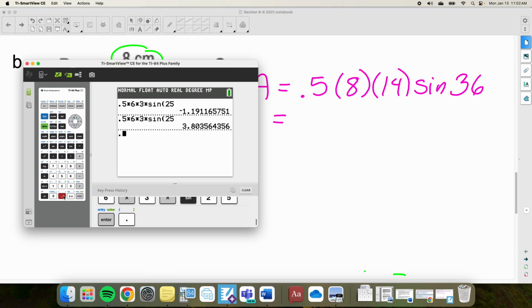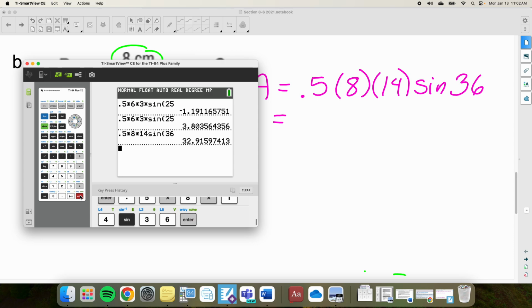So we'd go 0.5 times 8 times 14 sine 36, enter. And it's 32.92.